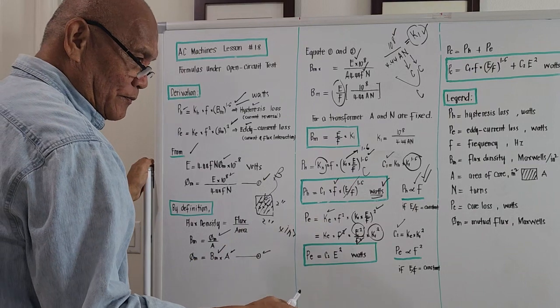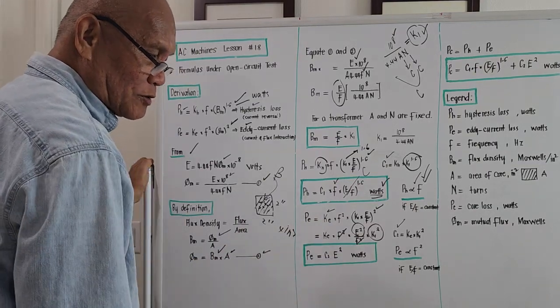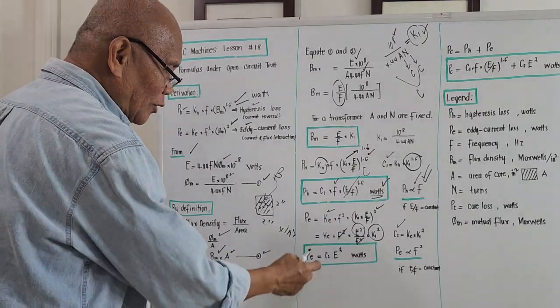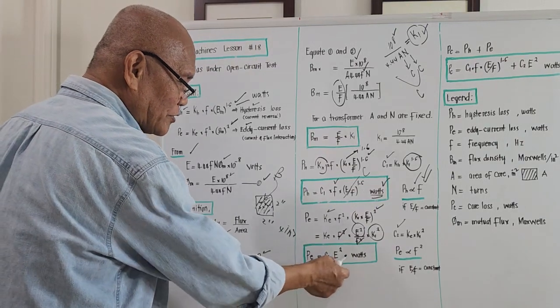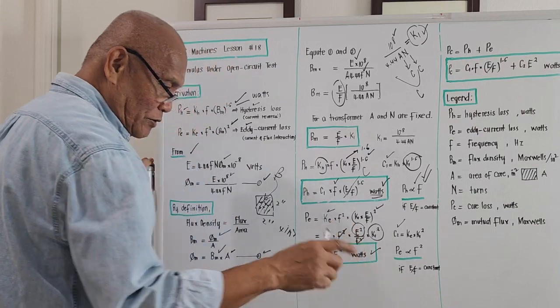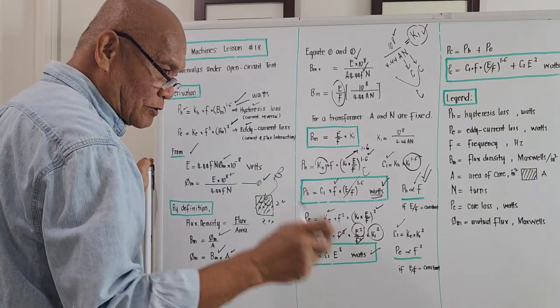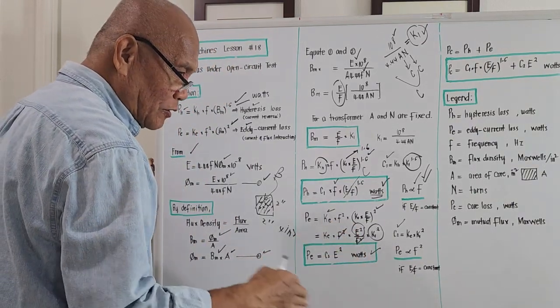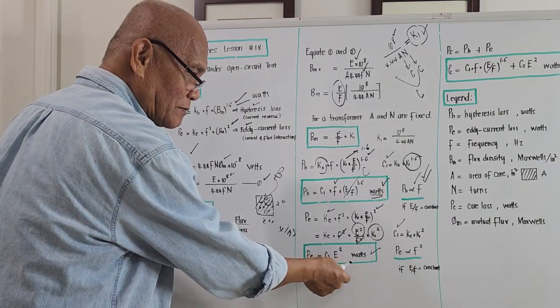So in general, to compute the eddy current loss for any transformer, it will be a constant C2 times the square of the induced voltage, and the unit is watts. As you can see, the only factor controlling the eddy current loss is actually the induced voltage.